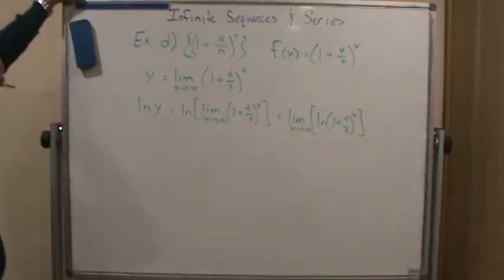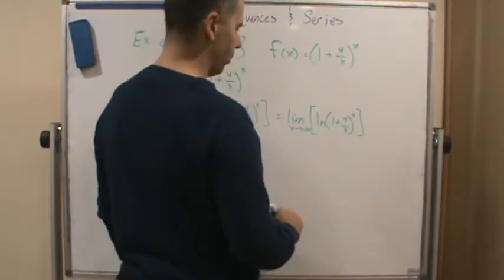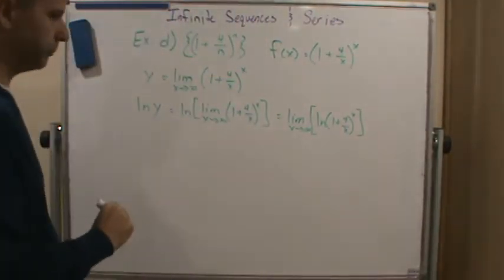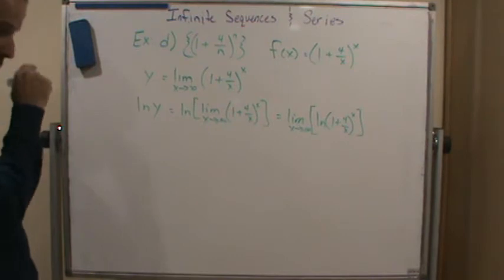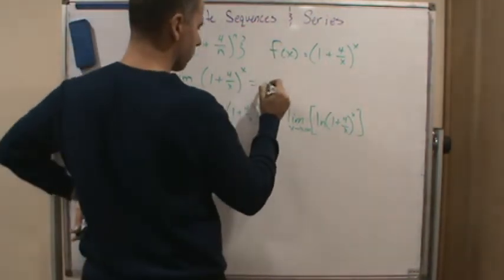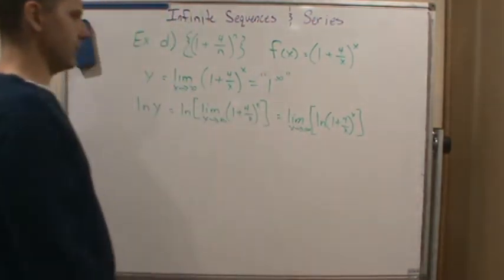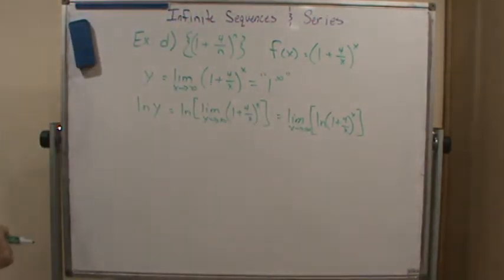And now I can use my property of logs and pull the x out. So again, I'm trying to rearrange this, because I have the indeterminate form 1 to the infinite power.